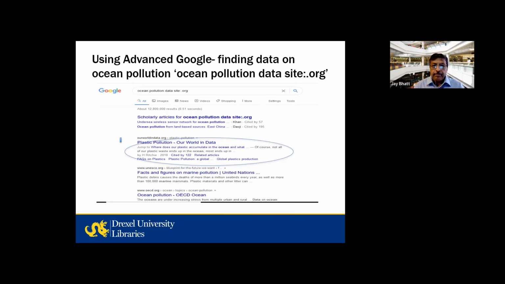You can also type .drexel.edu or .mit.edu or any university you want to discover data coming out from. So we can filter by it. And this helped me find this particular data set from ourworldindata.org on plastic pollution data.